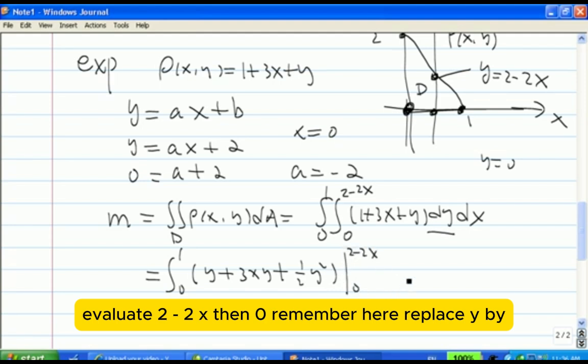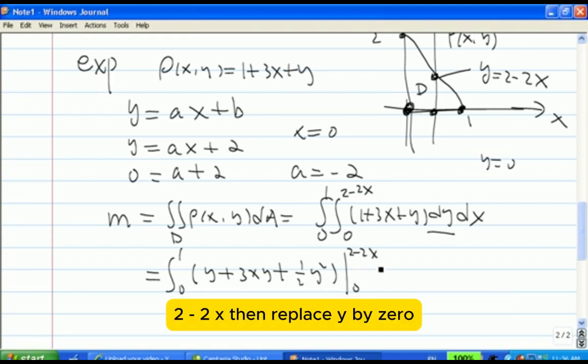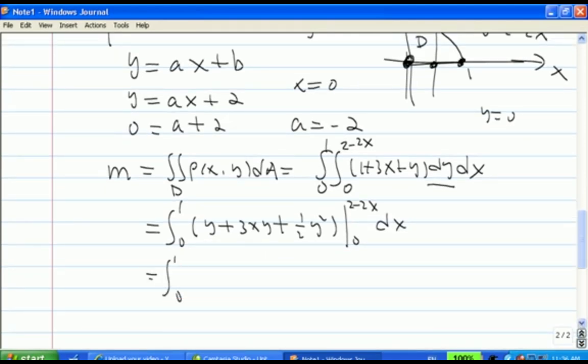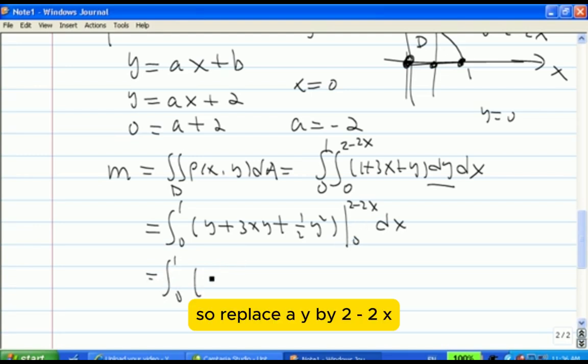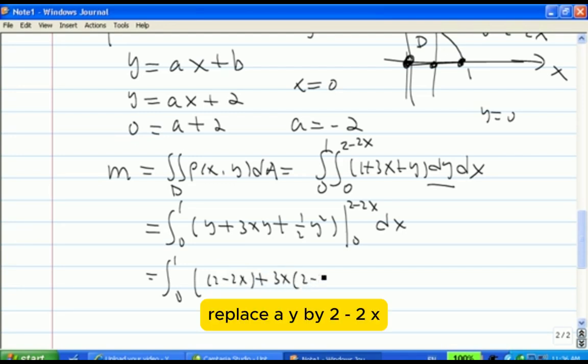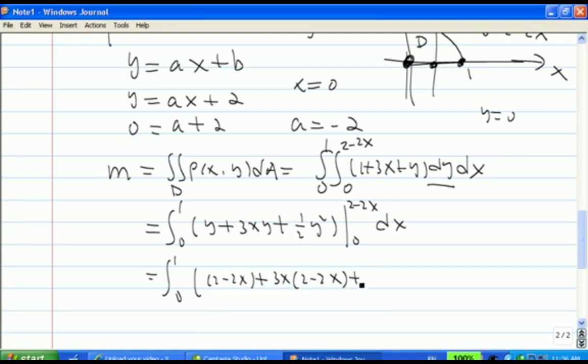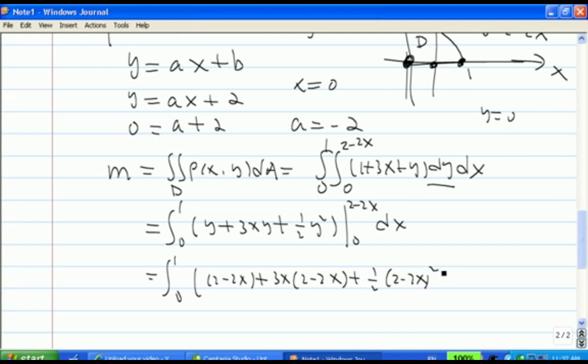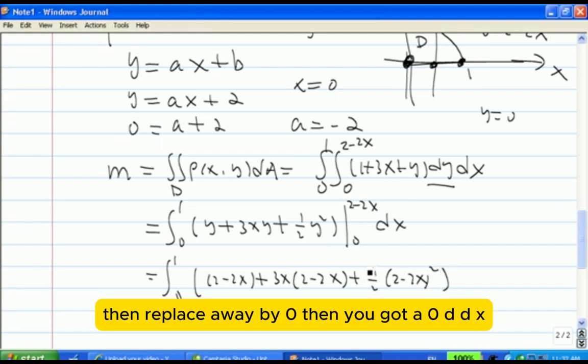Replace y by 2 minus 2x, then replace y by 0, and you get 0.